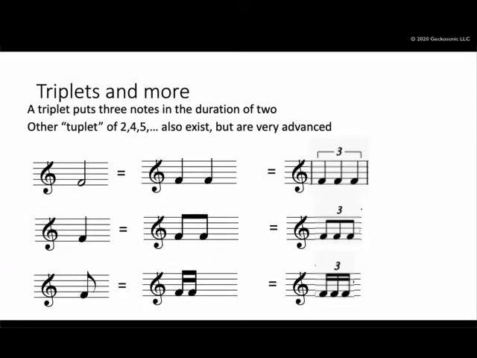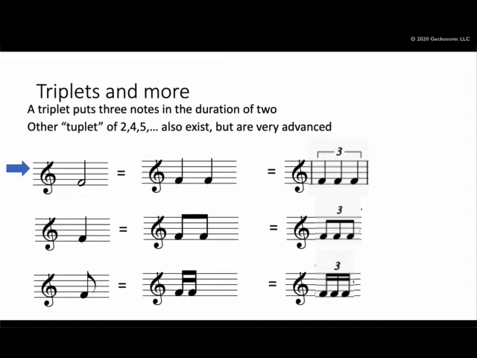The last way to think about rhythm that we haven't covered is called a triplet. This means we're going to put the value of 3 notes in the amount of time we would have normally played 2 notes. So for the half note, which is 2 beats, we would normally play 2 quarter notes.